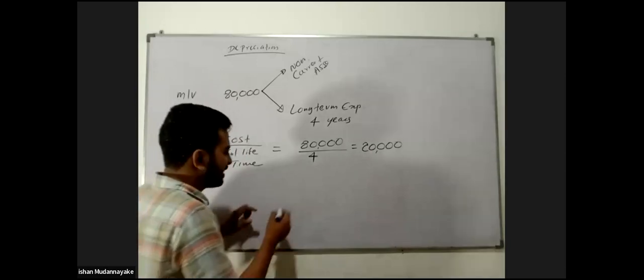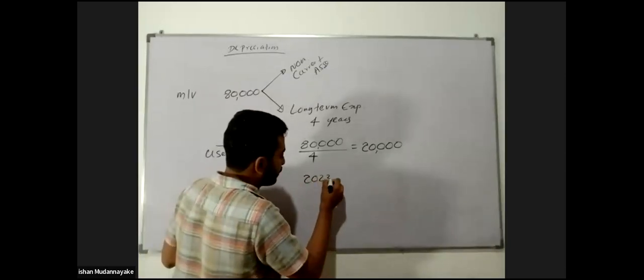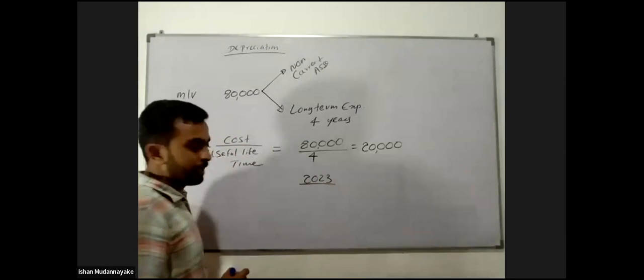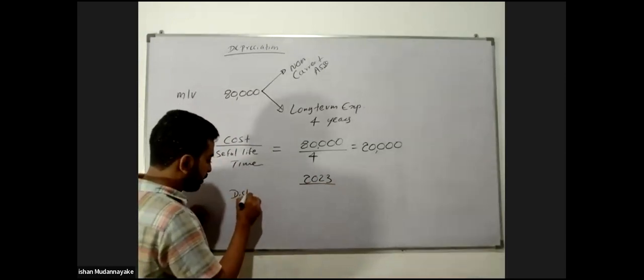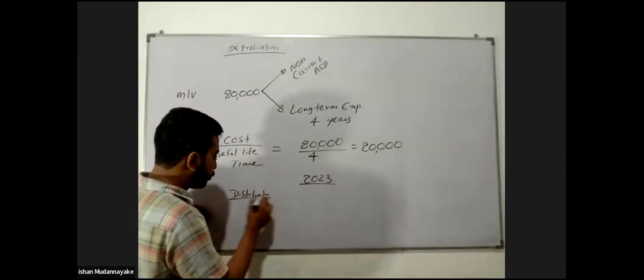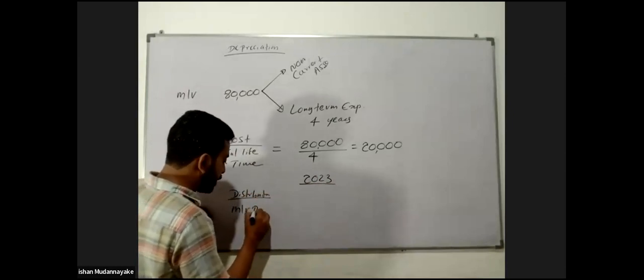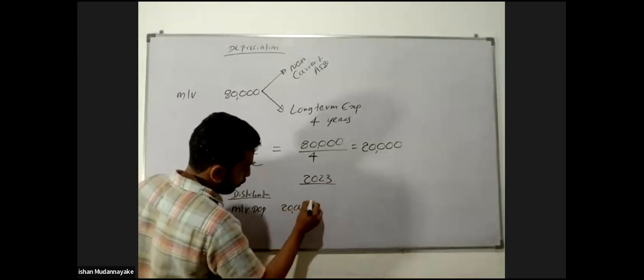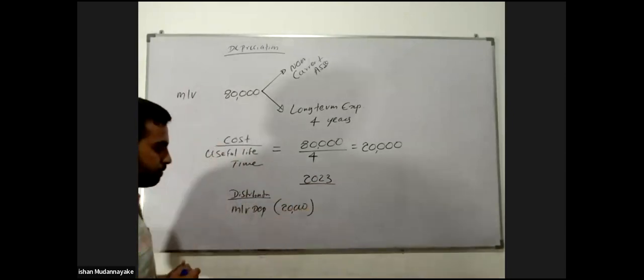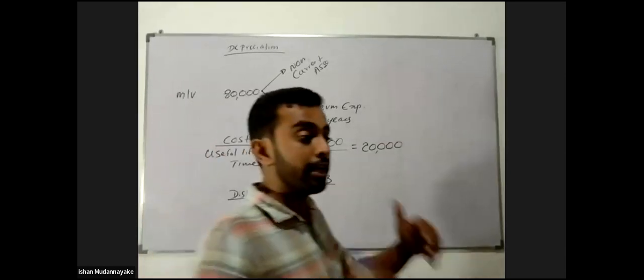Let's say when you are calculating the 2023 profit of the business, under distribution expense, you will write down motor vehicle depreciation as 20,000, one of the expenses of the business.